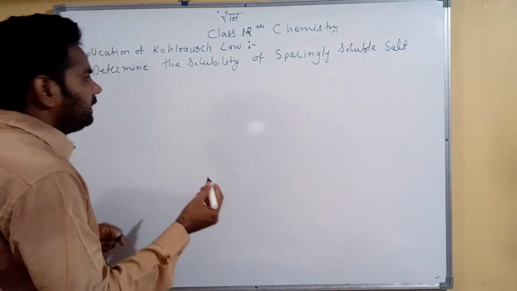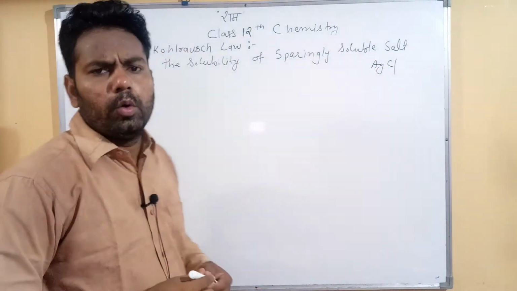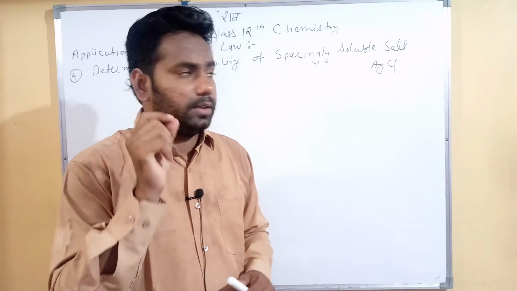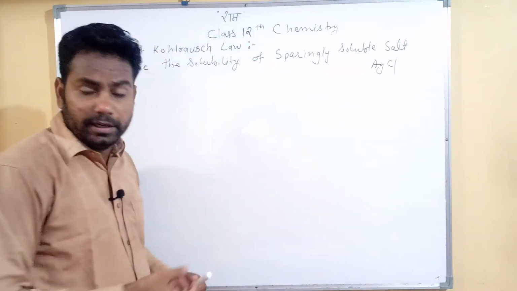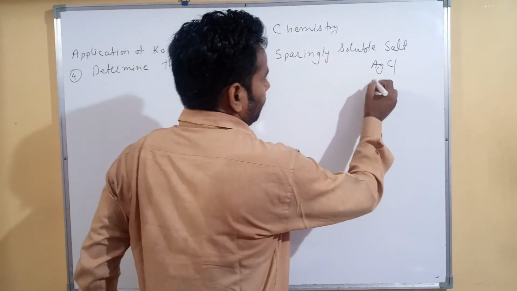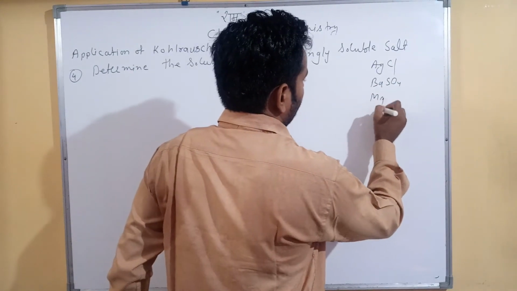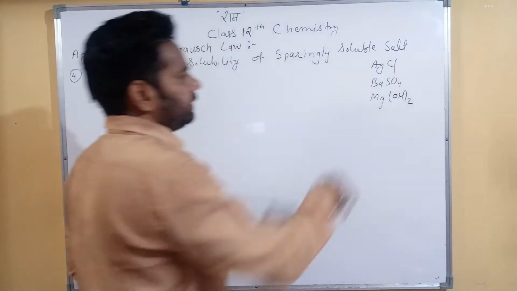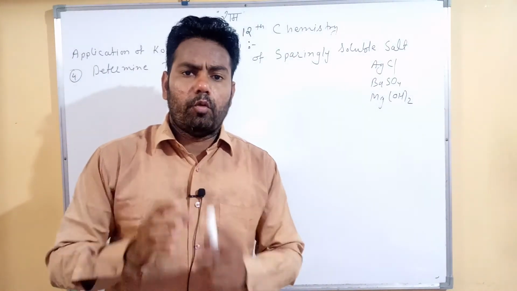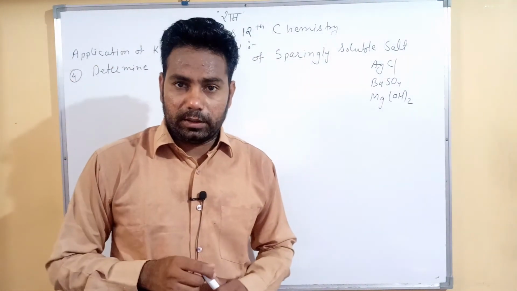For example, AgCl: a very low amount of AgCl dissolves in water, so this solubility is called sparingly soluble. More examples are BaSO4 and Mg(OH)2, which dissolve in water to a very low extent.